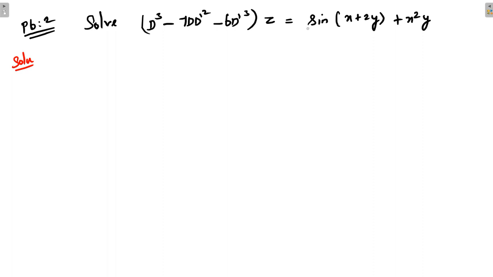Now you can try to find the complementary function. So you keep in mind the order of this partial differential equation is 3. So you may get the number of values of m should be 3. So now I'm going to find out the auxiliary equation.